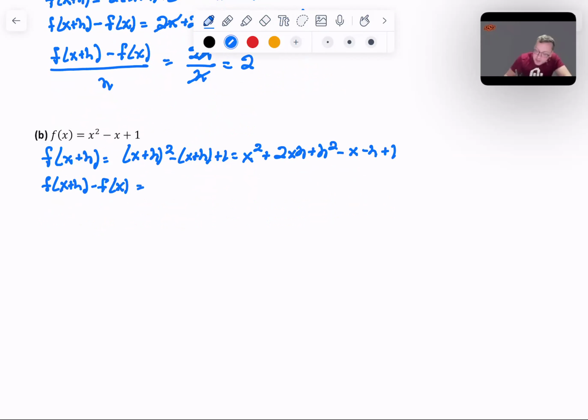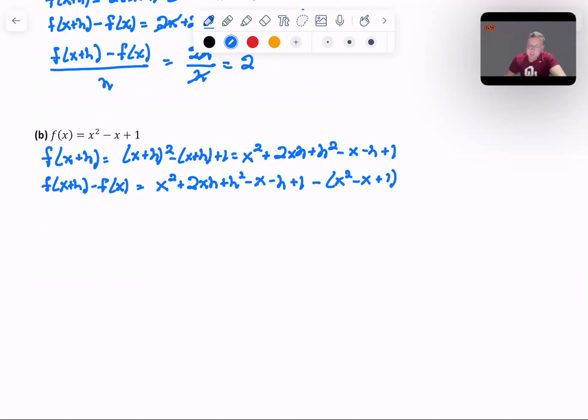So this is x squared plus 2xh plus h squared minus x minus h plus 1 minus (x squared minus x plus 1).